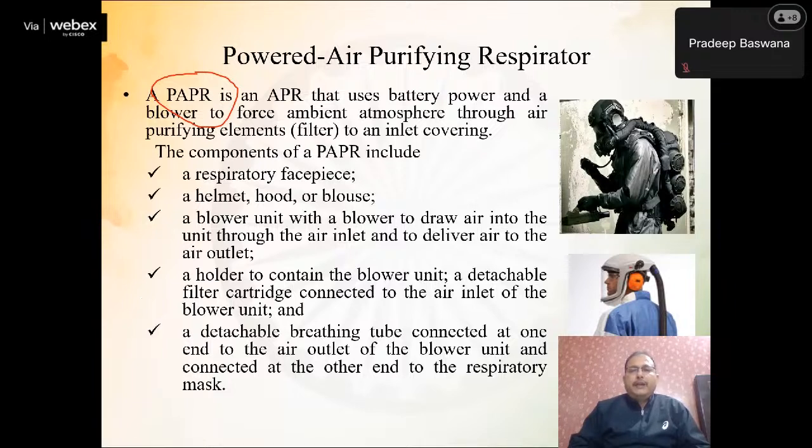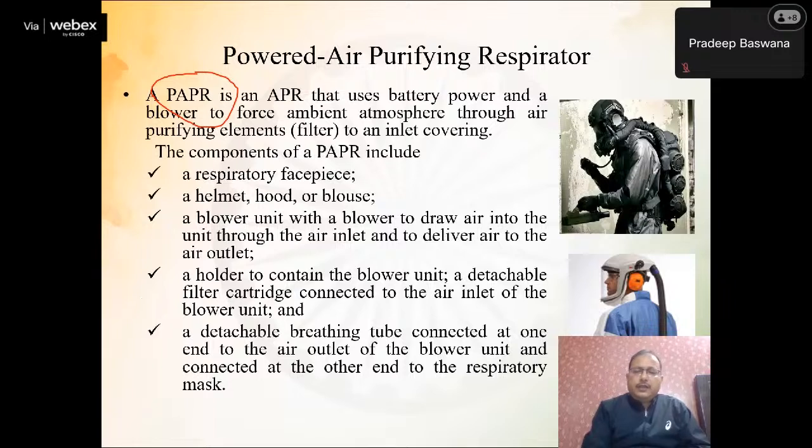The components of PAPR include a respiratory face piece, a helmet, hood or blouse, a blower unit with a blower to draw air into the unit through the air inlet and to deliver air to the air outlet, a holder to contain the blower unit, a detachable filter cartridge connected to the air inlet of the blower unit, and a detachable breathing tube connected at one end to the air outlet of the blower unit and connected at the other end to the respiratory mask.